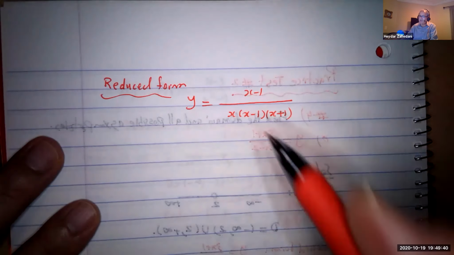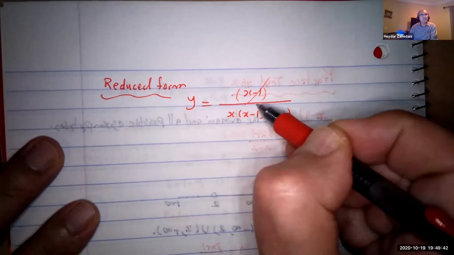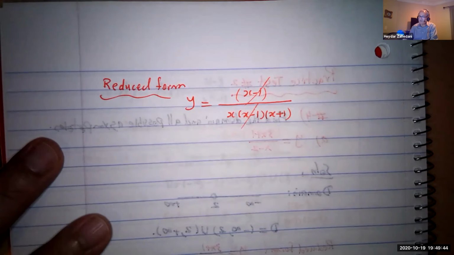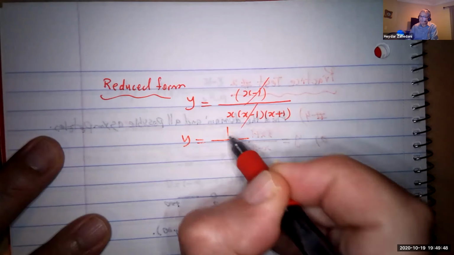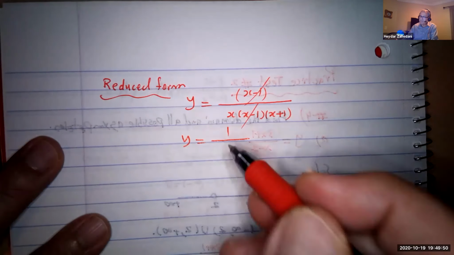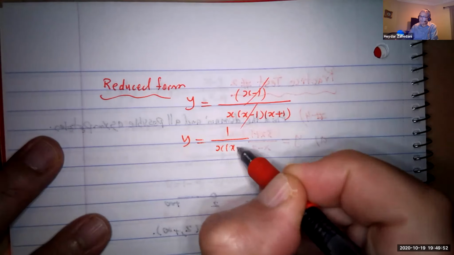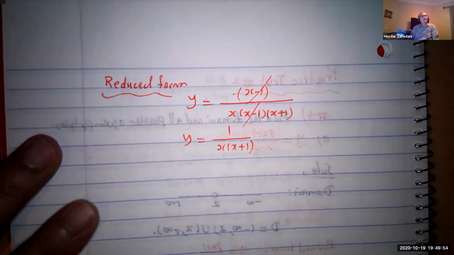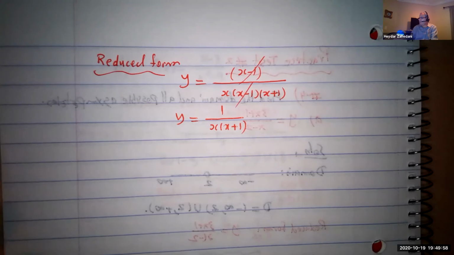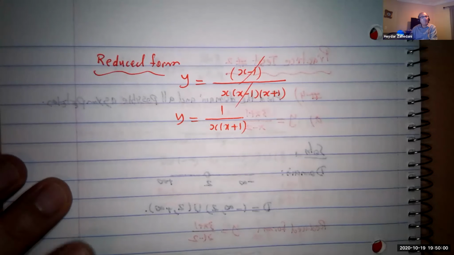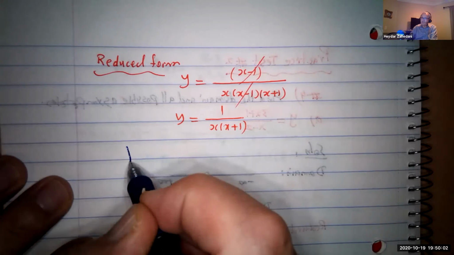So we have a common factor, we eliminate it. Okay, so your reduced form is going to be 1 over x times x plus 1. That's it. From now on, you are going to continue with this one. Okay, any question? Go for the vertical asymptote, which is easy.